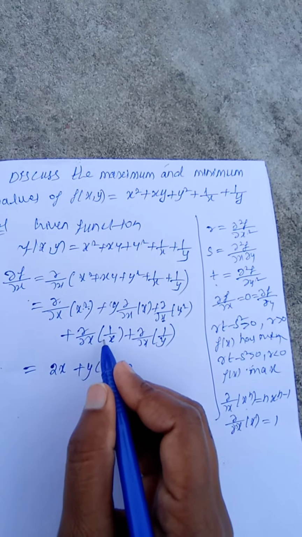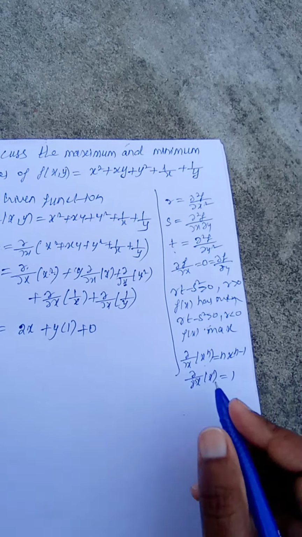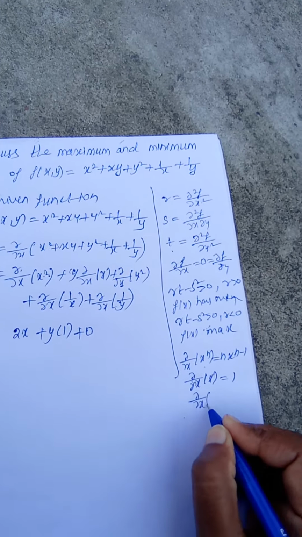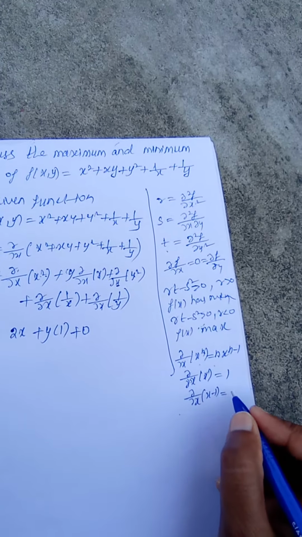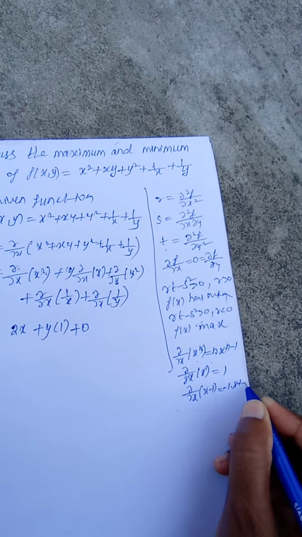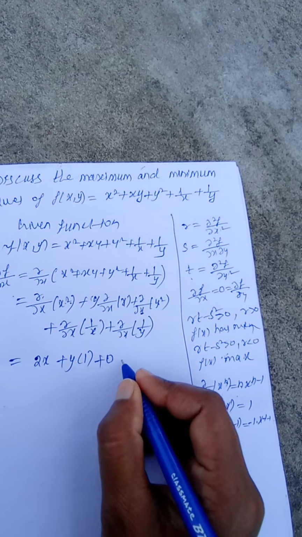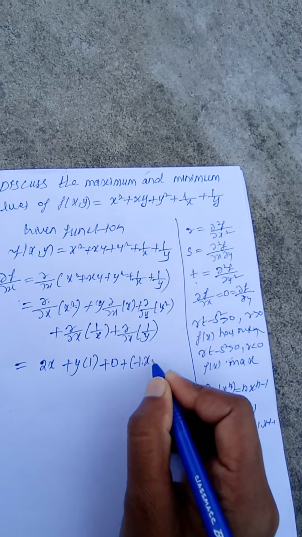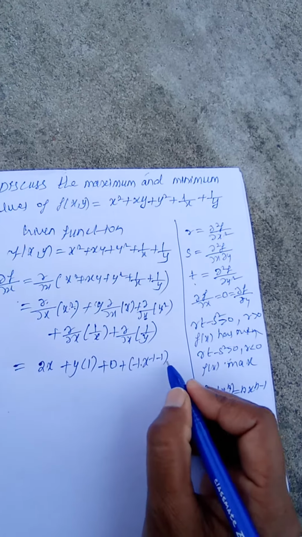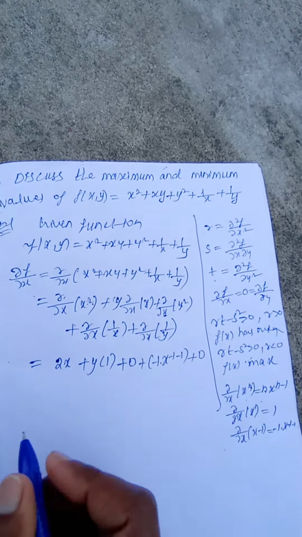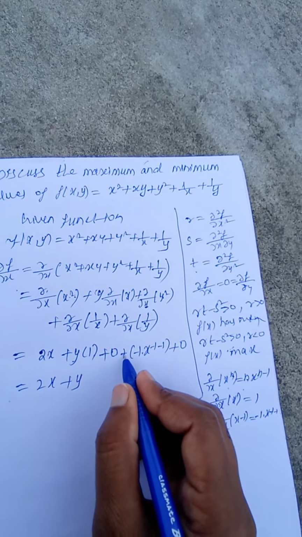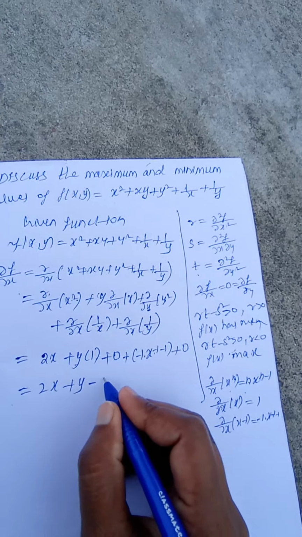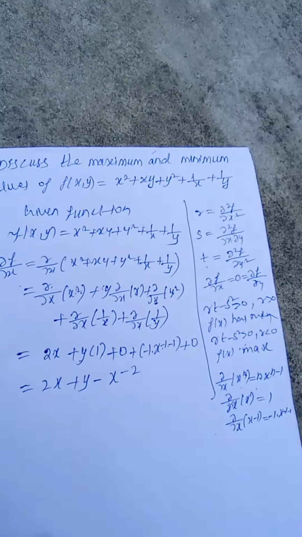So ∂/∂x of 1/x, written as x⁻¹, apply this formula where n equal to minus 1: minus 1 into x⁻¹⁻¹, so minus x⁻². With respect to x, y terms are 0, this is 0. So ∂f/∂x = 2x + y − x⁻².